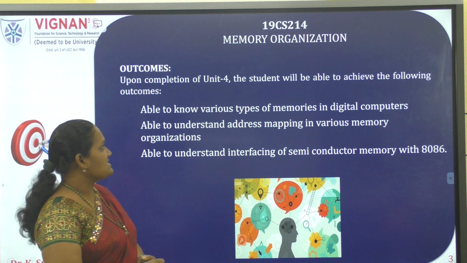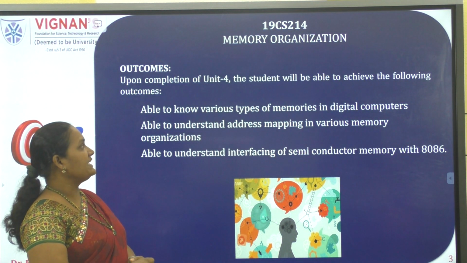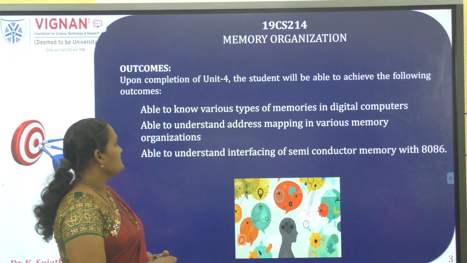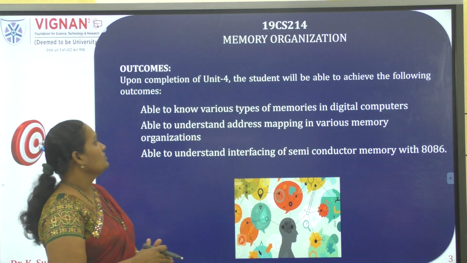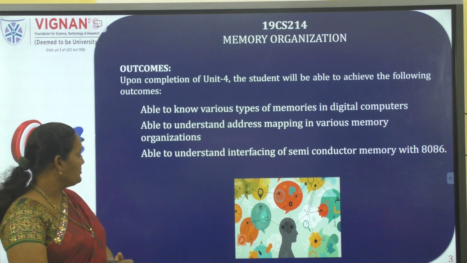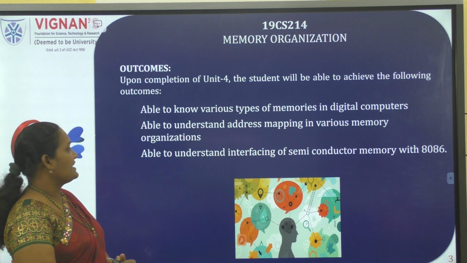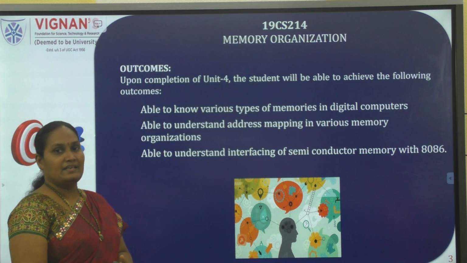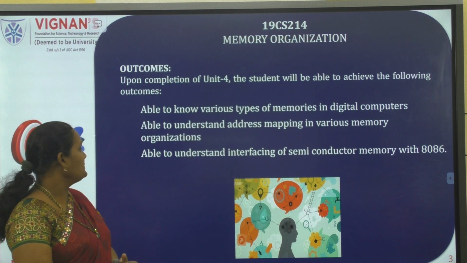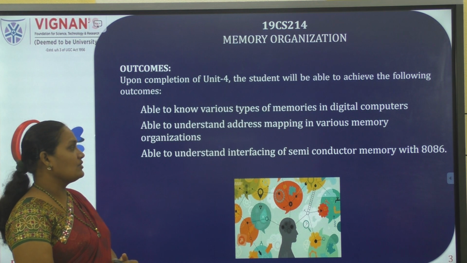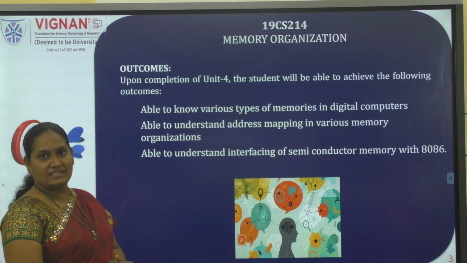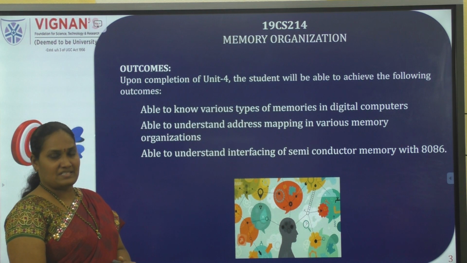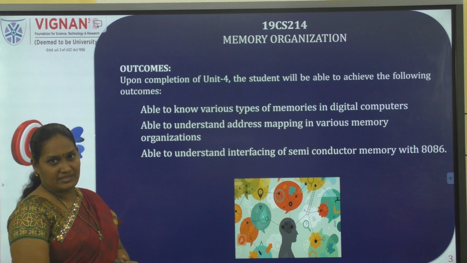By following this unit, the student will be able to know various types of memories in digital computers, understand address mapping in memory organizations such as cache memory and virtual memory, and understand interfacing of semiconductor memory with 8086. That is, how RAM interfacing and ROM interfacing is done in 8086.